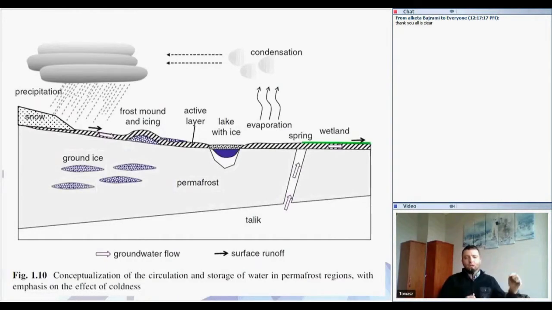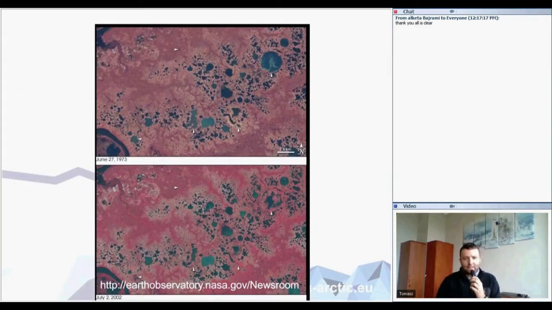So for example, if the water is underneath the ground in permafrost, there can be ground ice. But there are some places underneath where the water underground can flow, so where the ground is not frozen. So in these places there are taliks. In taliks, water just infiltrates and goes and can appear as spring. Recently, we observed degradation of permafrost.